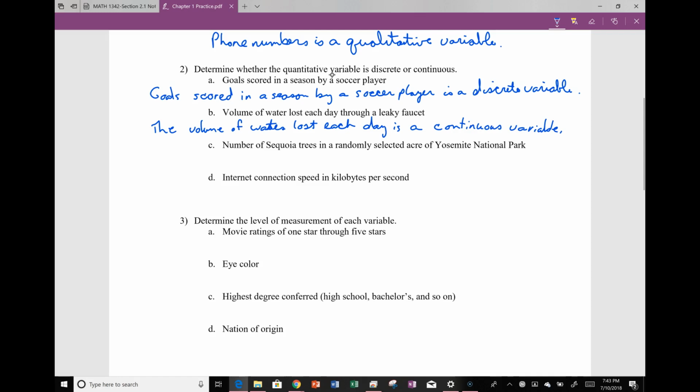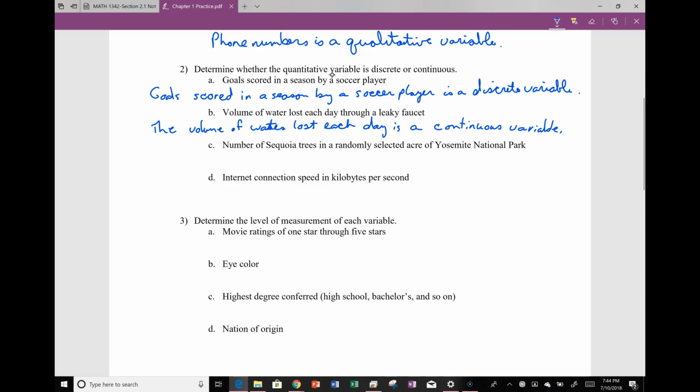The number of sequoia trees in a randomly selected acre of Yosemite National Park. Okay, the number of trees. Since it says number of trees, do we really count half a tree? In other words, when we count number of trees, we don't count stumps. We count how many trunks there are.